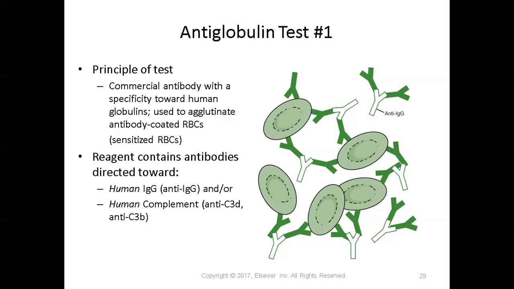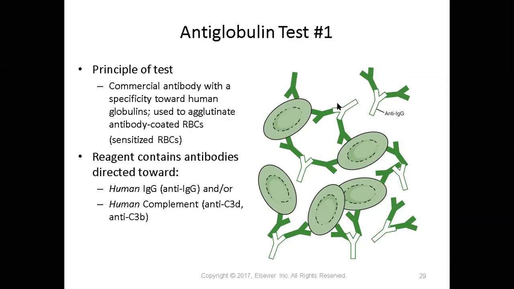And that rabbit or mouse is going to make an antibody against what's been injected into it. In this case, that happens to be human IgG. So that's how we get antibody directed against human IgG. We inject human IgG into another animal. It's recognized as something foreign, and the animal makes an antibody against it. Okay, and we call it anti-IgG.